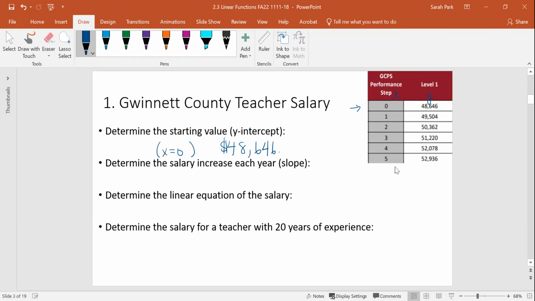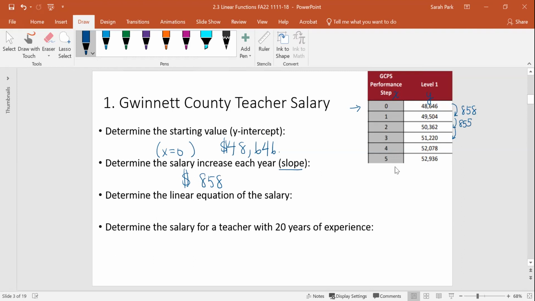Let's also take a look at how much the salary increases per year, and that's known as a slope. If you look at how much it goes up every year, and I just did the math and took the difference between the two, it's 858 per year that they go up. So here is the salary increase each year, and that is known as the slope.